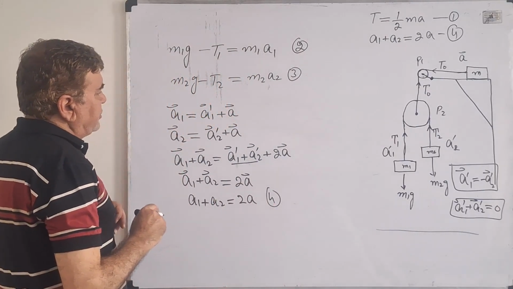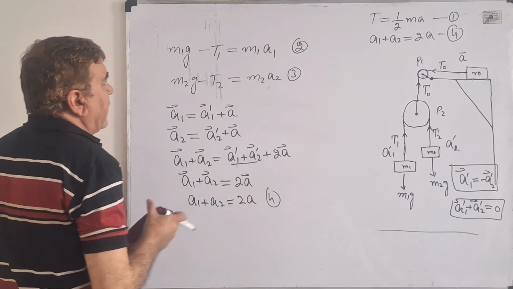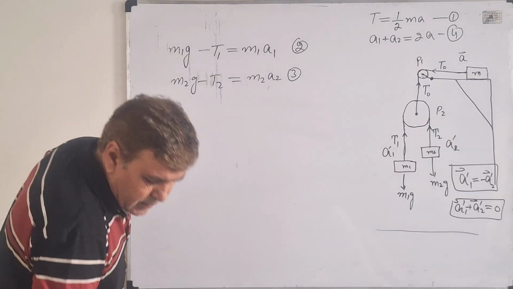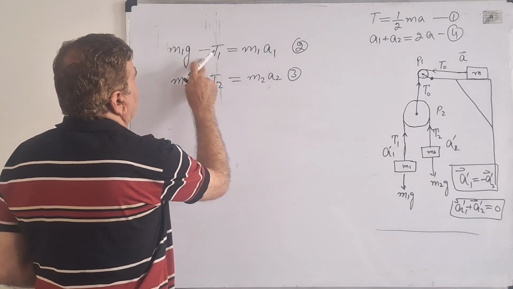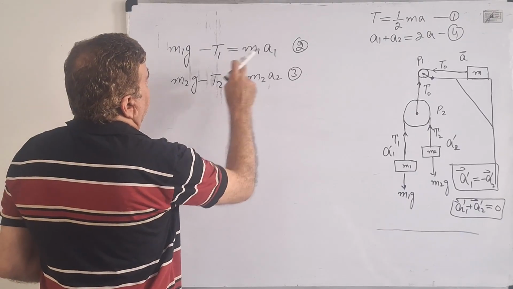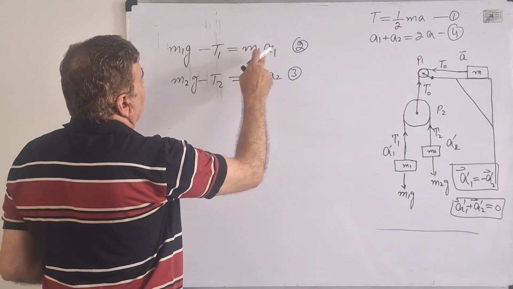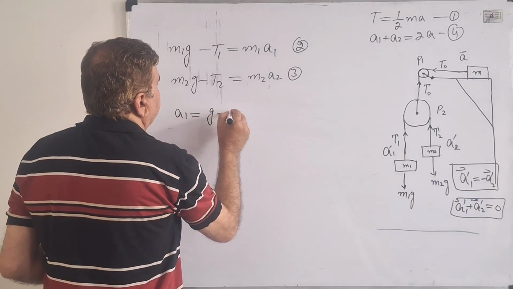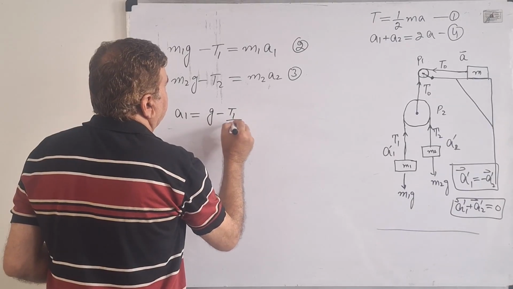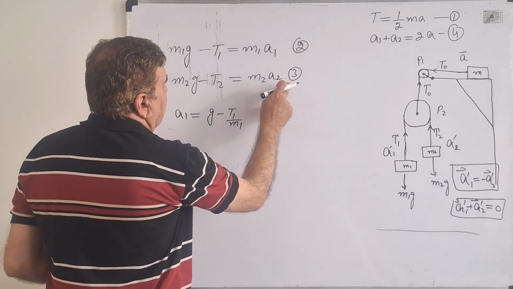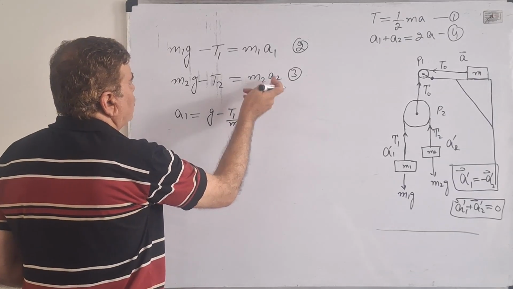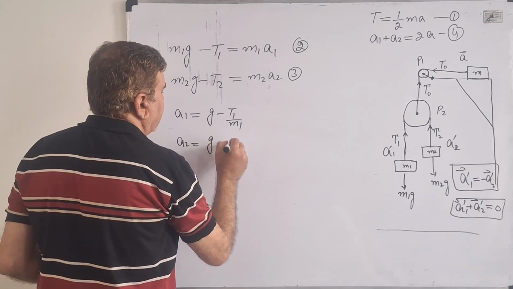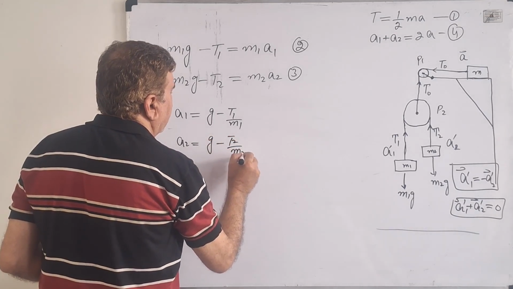Now, let me arrange. I don't need this, so I noted the net result of this vector algebra. So I need to now divide equation 2 with M1, and if I do that and invert the whole of the equation, from that I can write A1 equals G minus T1 divided by M1, and I divide equation 3 with M2 and invert it, then I write A2 equals G minus T2 divided by M2.